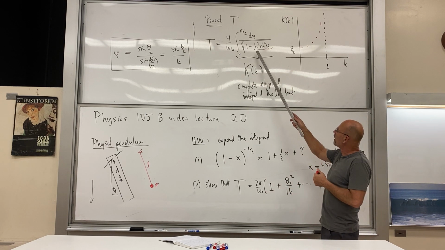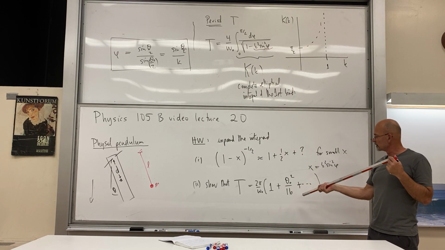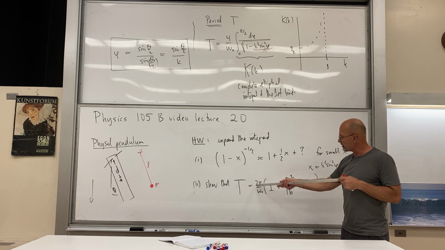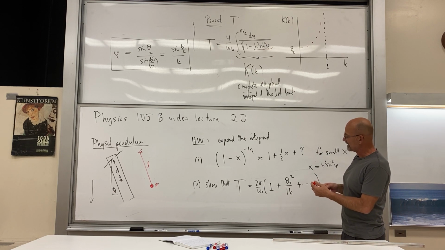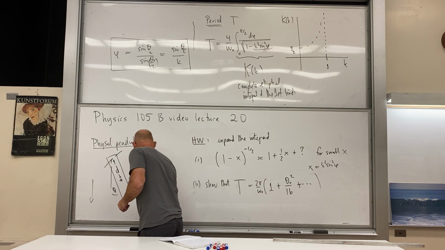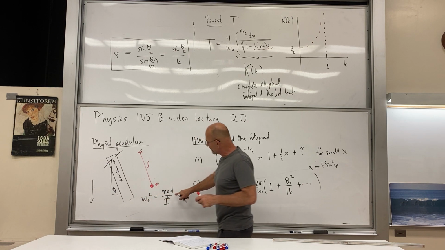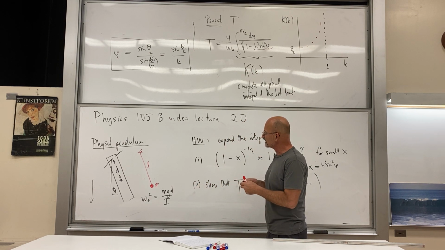So this is good for arbitrary amplitude, and this is the next correction to the period. 2 pi over omega naught. And yeah, I had that omega naught squared was mgd over I. Make sure you remember where that came from. Okay, so then you'll have a good view of the entire physical pendulum.